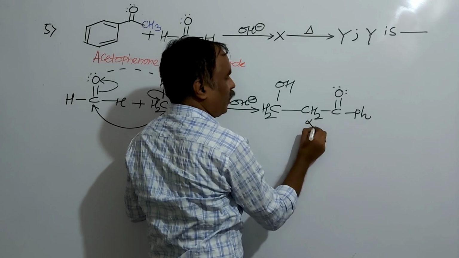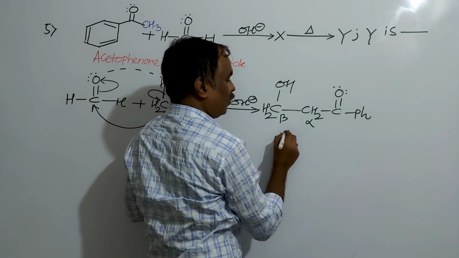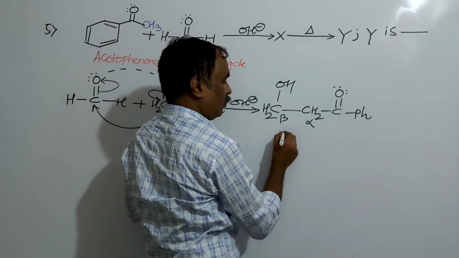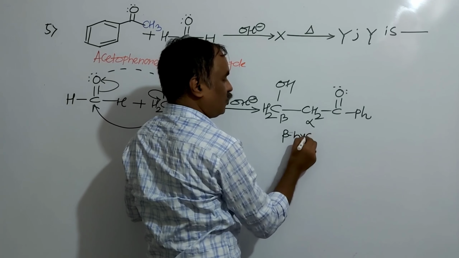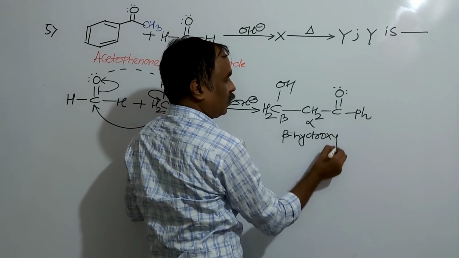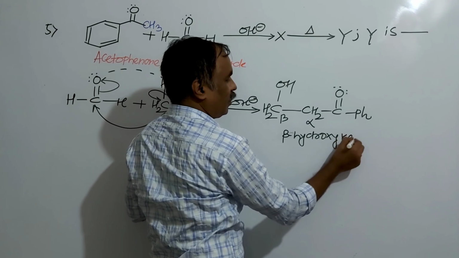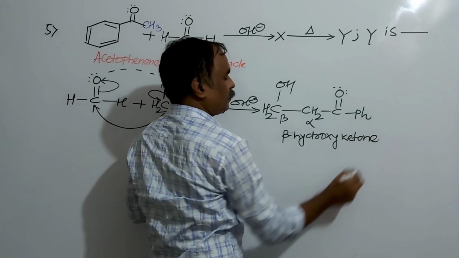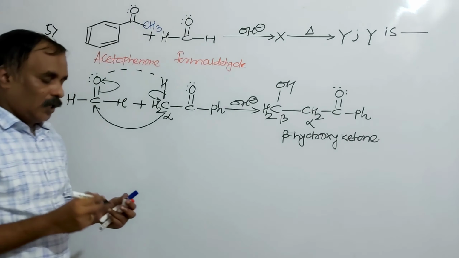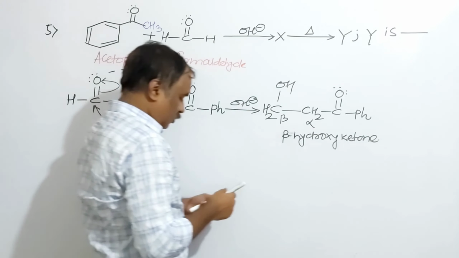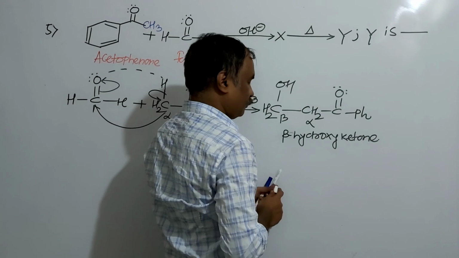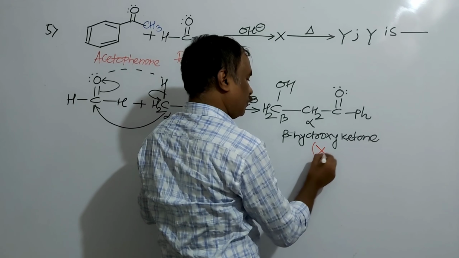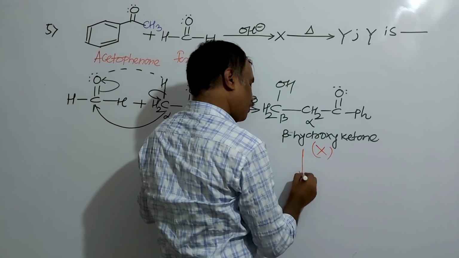This is alpha carbon atom, this is beta, and this is a beta hydroxy ketone. This is a ketone, beta hydroxy ketone. Now this is our X. This is X.